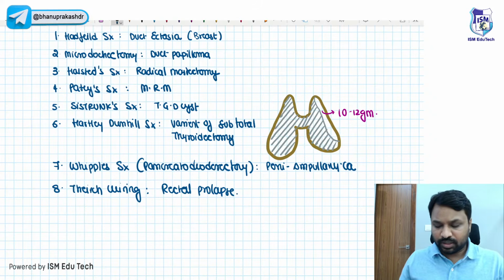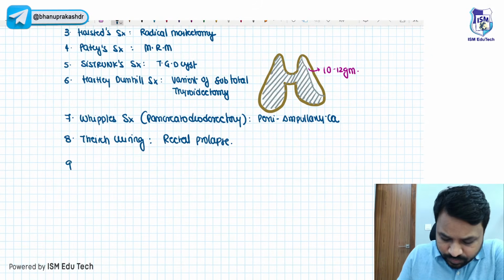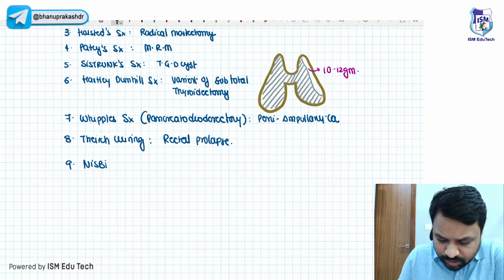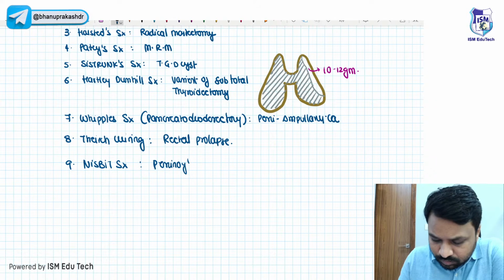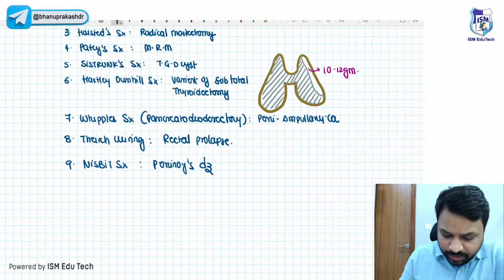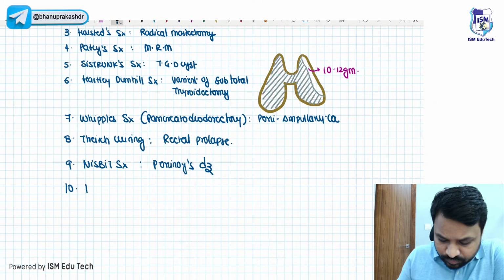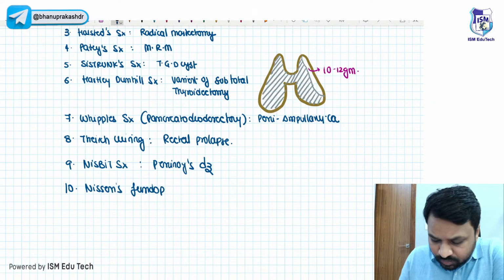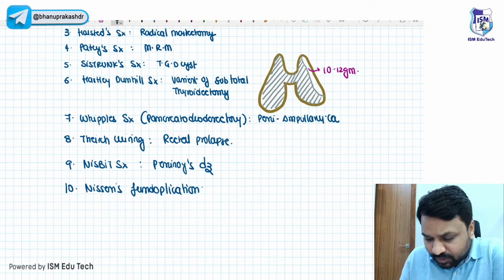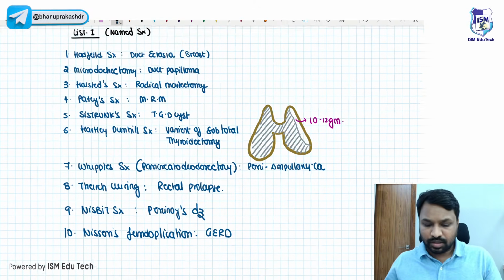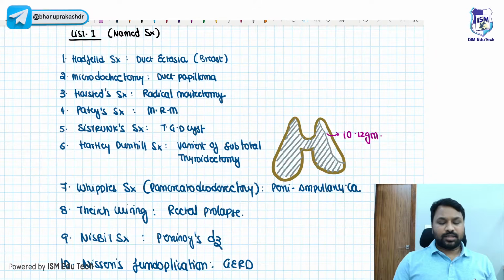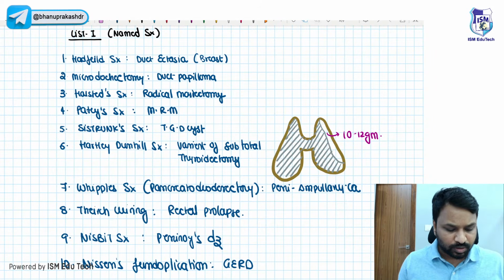Then you have the Nesbit surgery, which is done for Peyronie's disease. Nissen's fundoplication, where do we do it? It is done for GERD, right? So these are the surgeries that are usually done.